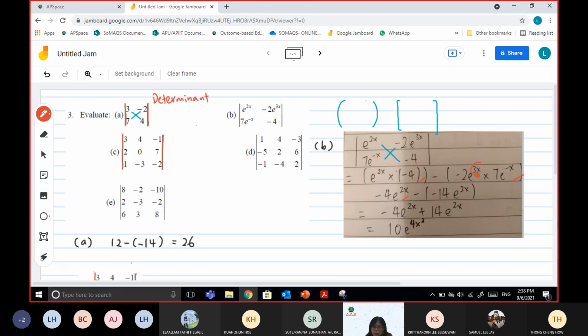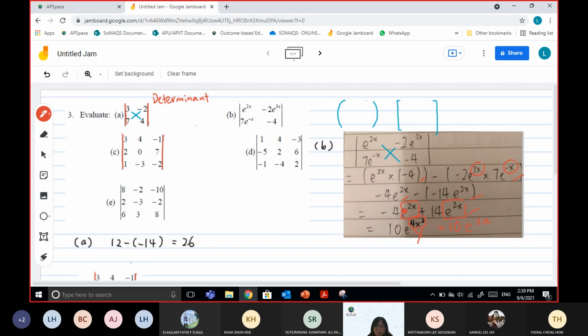For the multiplication, we add the exponents, the powers. So 3x plus -x will be 2x, correct? Then this one becomes a plus, so it's 10e^2x. So the error is in this part. Can you see this? They are two same things, e^2x and e^2x.